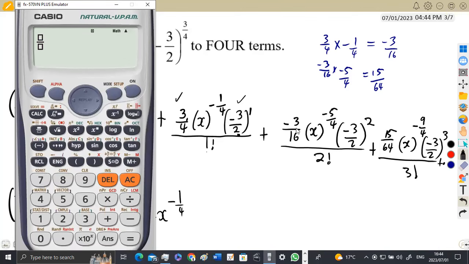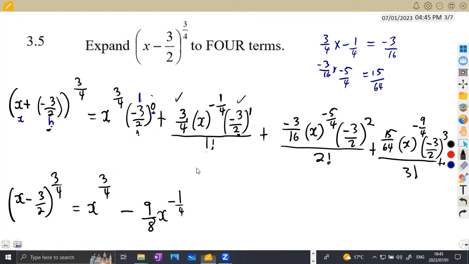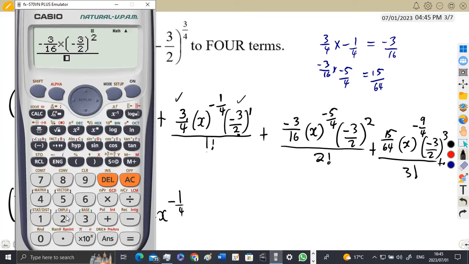We are going to simplify the same way. This time we've got negative 3 over 16 times this part, negative 3 over 2 squared. So just open a bracket, negative 3 over 2 squared, you square it over 2 factorial. So I need this part here over 2 factorial.